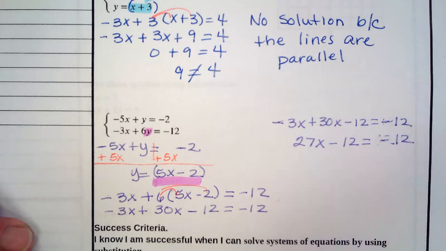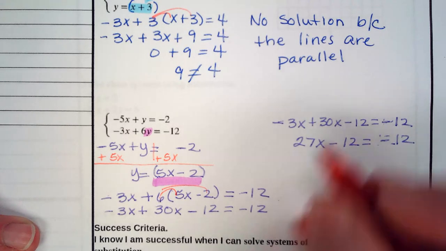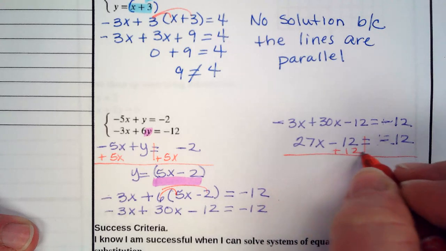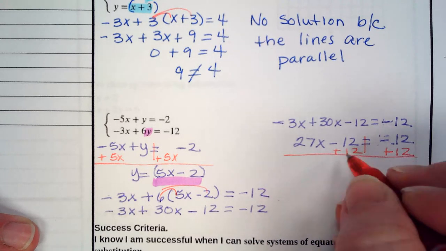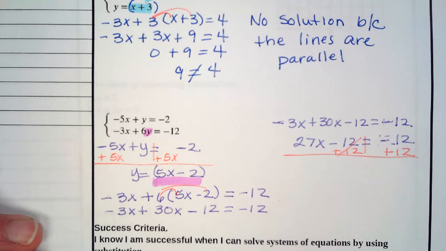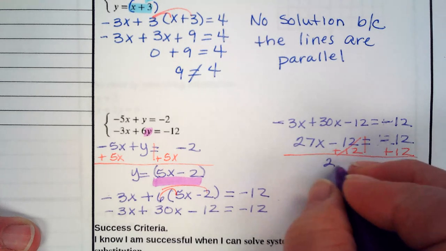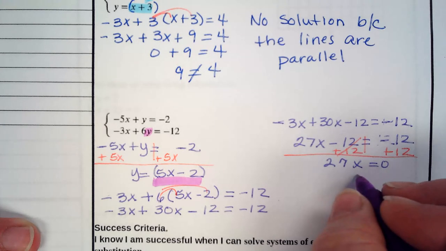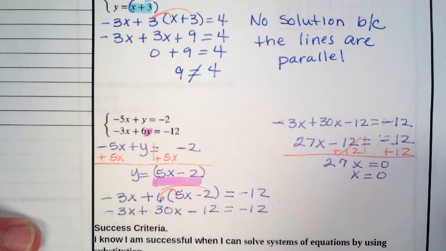So I'm going to add 12 to both sides. 27x is equal to 0. Divide by 27 and x is equal to 0.